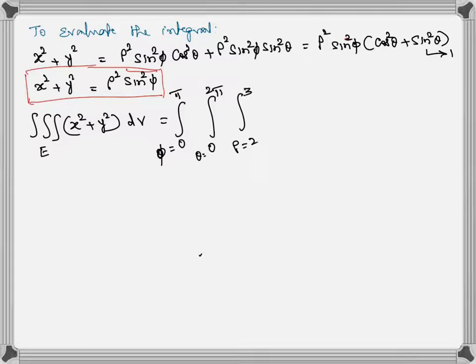Then rho from 2 to 3. The integrand is rho squared sine squared phi. Then dV in spherical coordinates is rho squared sine phi d rho d theta d phi. This is the expression for dV.